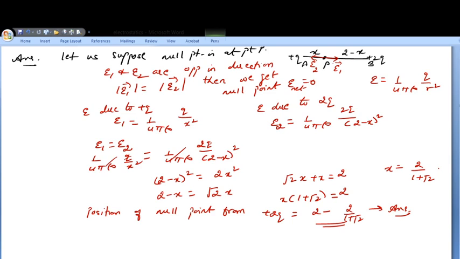So you will find that your null point is towards plus q, towards the lesser magnitude. You can see this. So if you solve this, you will get the correct values.